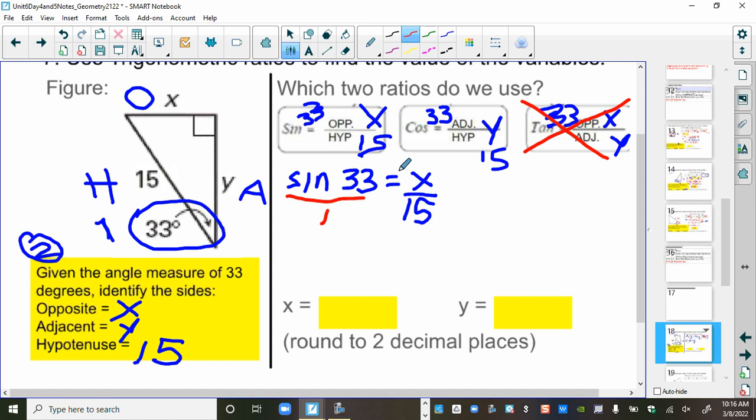Because in the end, you're just going to get that 1 times x, or x. In the end, you're going to get the 15. And I'm going to say, write the 15 first, times, and then put in parentheses, sine of 33.